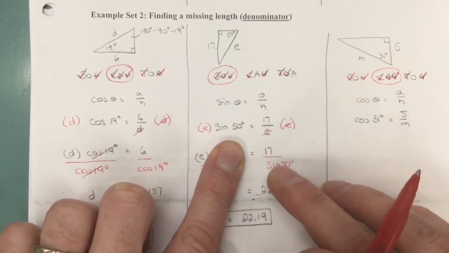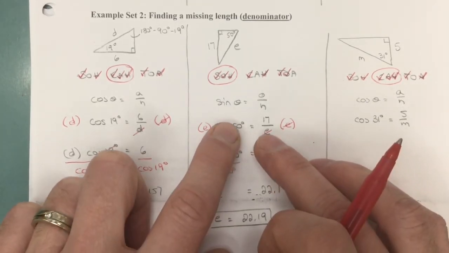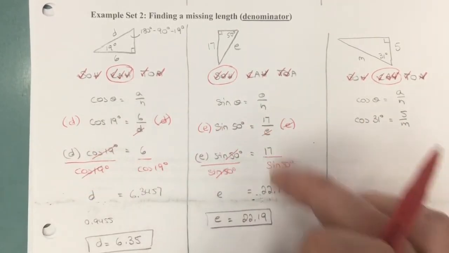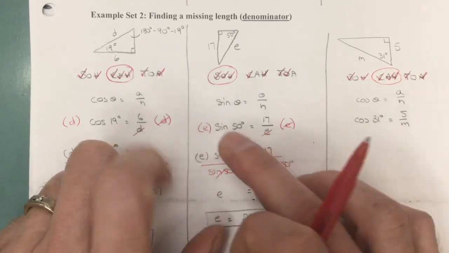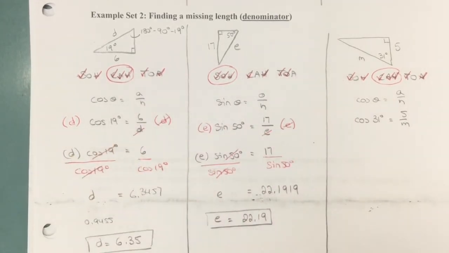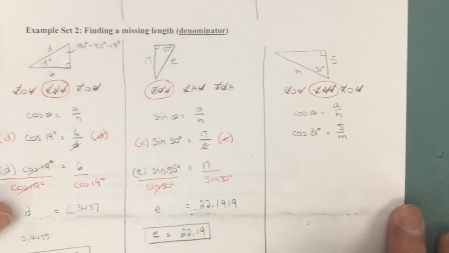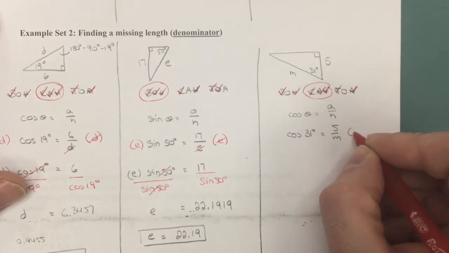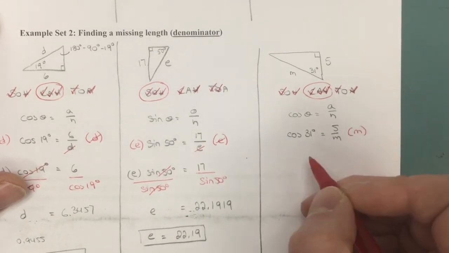And some of you guys may see this very quickly, that these two basically replace each other, switch places. The e value goes on the left side and the sine of 50 goes into the denominator. So if you see that, you can definitely feel free to use it, but I will continue teaching this to you using inverse operations.